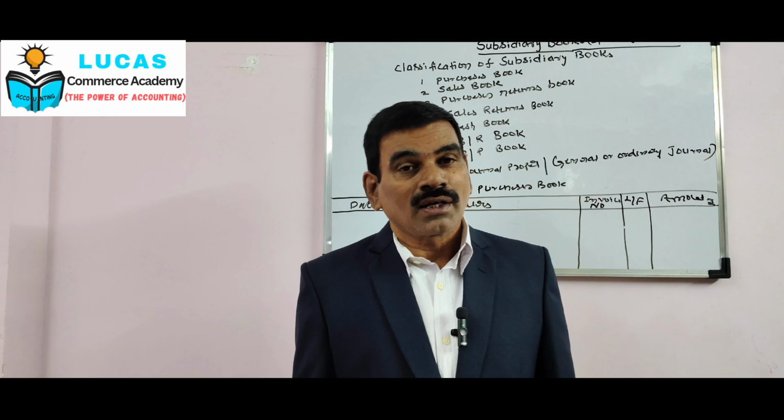Next, the last one, journal proper. You see, purchases book is used only for recording credit purchases of goods. Sales book is used only for recording credit sale of goods. In purchases returns book, goods returned to our suppliers only on credit basis are recorded. In sales returns, when customers return goods to us on credit basis only are recorded.